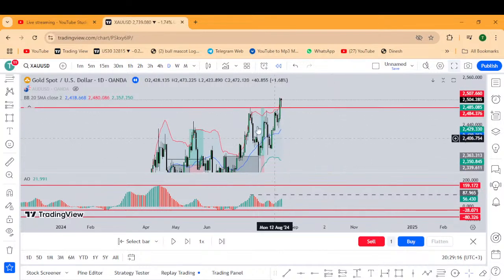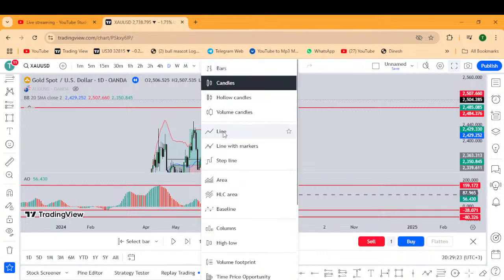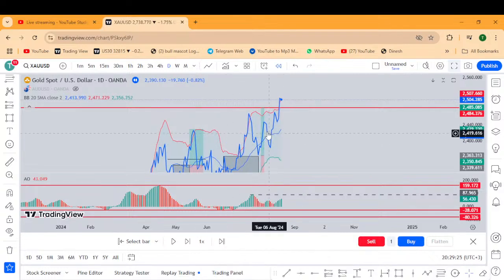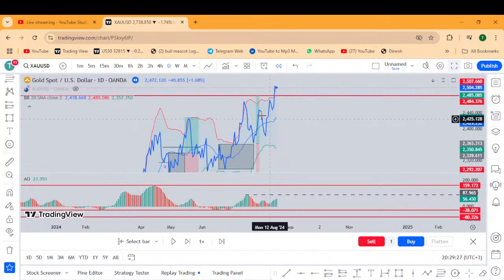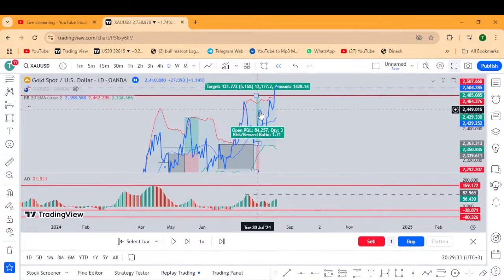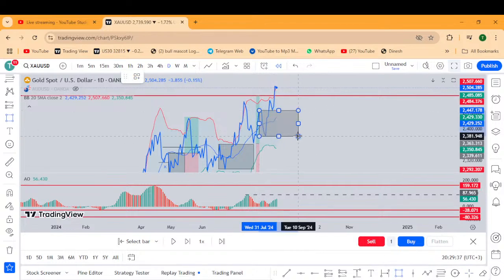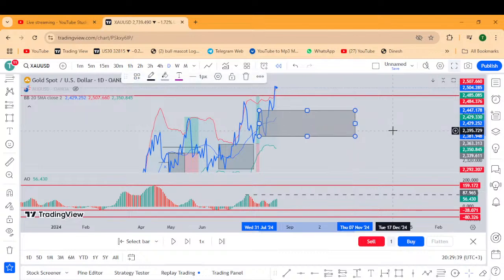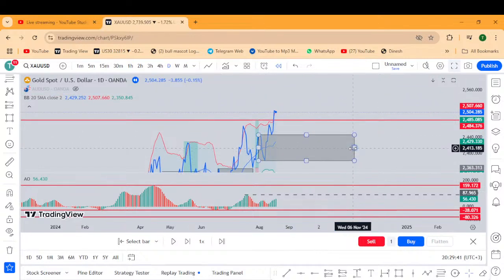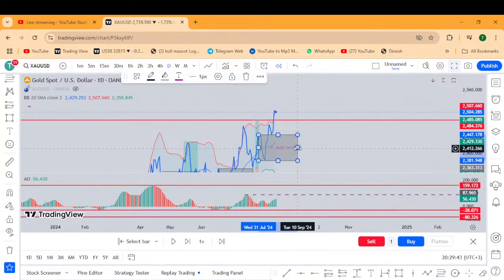Now the next thing we are going to do is to go back to our candlestick, where we want to get a line chart again, and then this time around we can see this. This is our order flow. Just this one here, right here, like this. It is the simplest strategy you can use to make something.